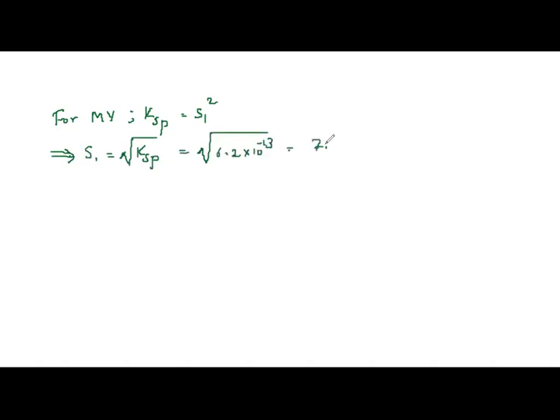That is equal to 7.87 into 10 raised to minus 7 moles per liter, or you can say molarity. Similarly, for salt NY3, how many are there? 4 ions are there. I can write Ksp is equal to S2 into 3 S2 the whole cube, because there are 3 Y ions.